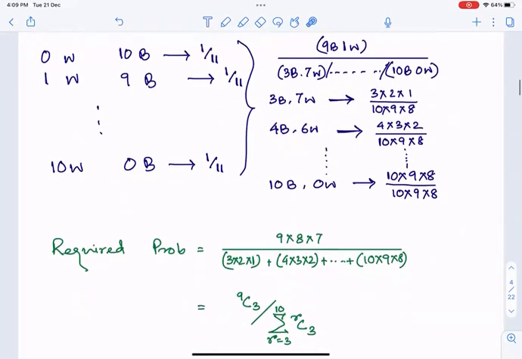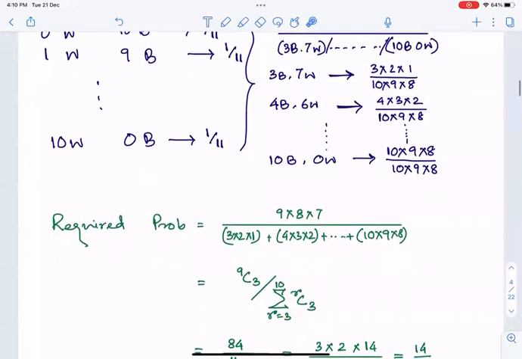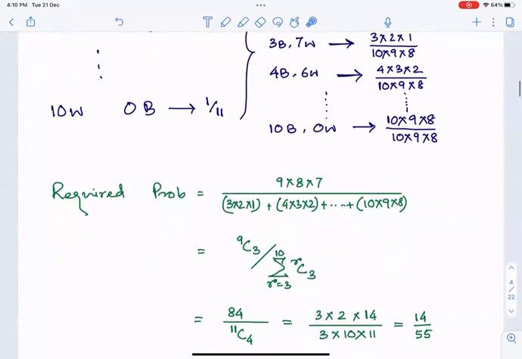That transforms my required probability into 9C3 in the numerator, and in the denominator an addition of 3C3, then 4C3, then 5C3 up to 10C3. So the denominator is capital sigma of RC3, where R varies from 3 to 10. Now the numerator is 84 and the denominator is 11C4.